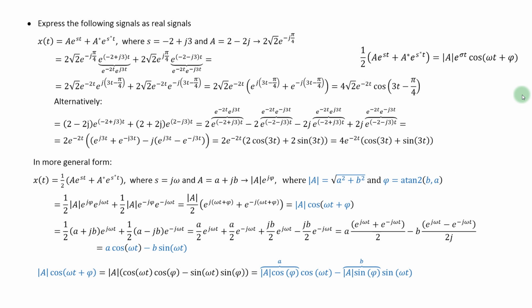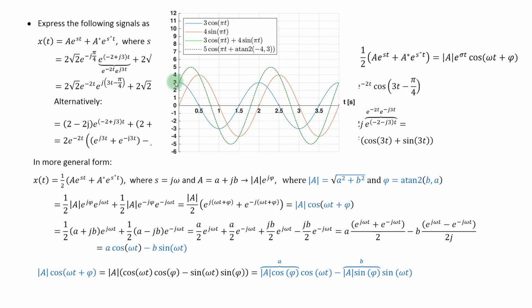Now let me show you this graphically. Here, this blue line is a cosine, specifically a cosine with amplitude of 3. And this red line is a sine, specifically a sine with amplitude of 4. Now when I add this cosine and this sine, I will get this, which I have plotted here using the green line.